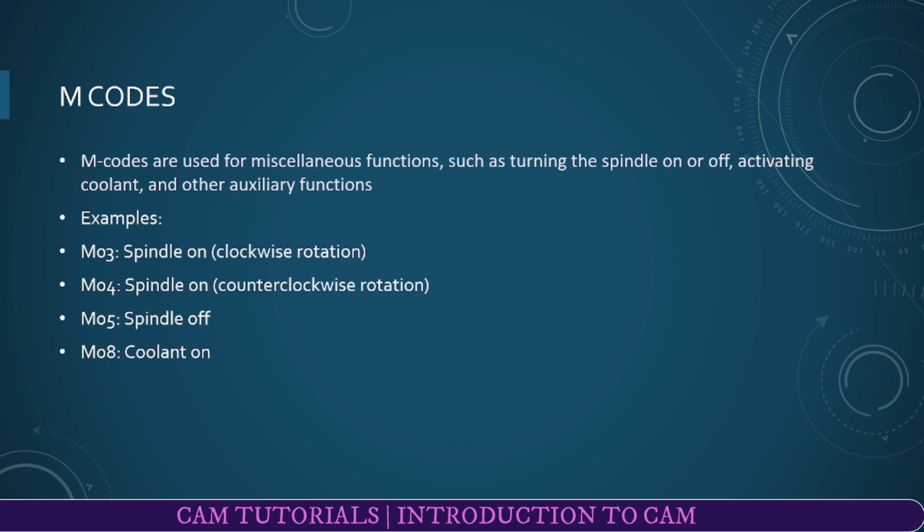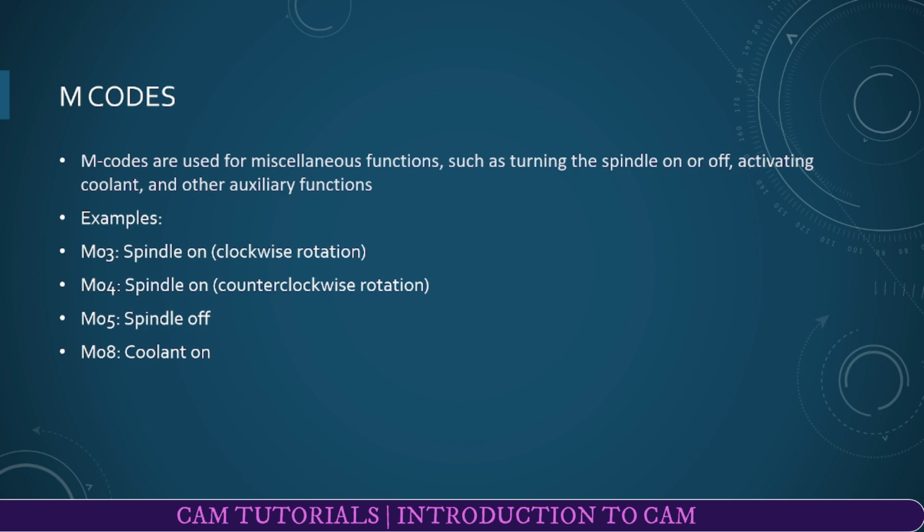For example, if you want to turn on the bulb or light inside your CNC machine, or lock or unlock your doors, all these functions can be controlled by M codes. For example, M03 is spindle on in the clockwise direction, and M04 is spindle on in the anti-clockwise, or counterclockwise, rotation.